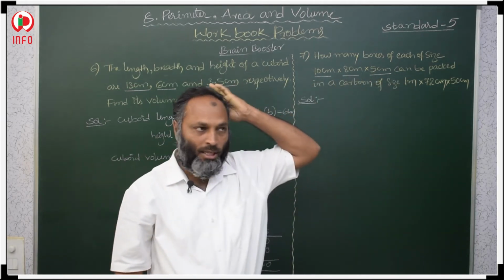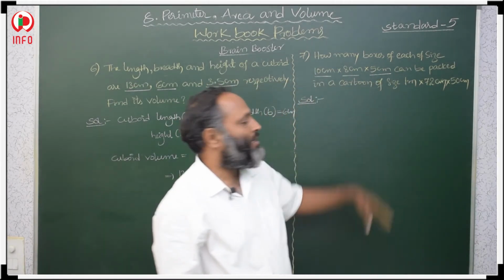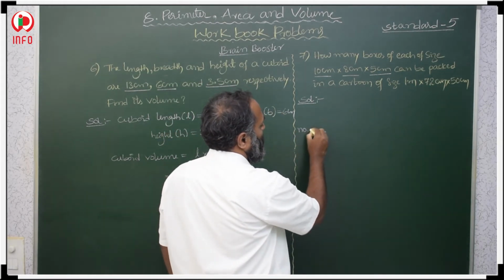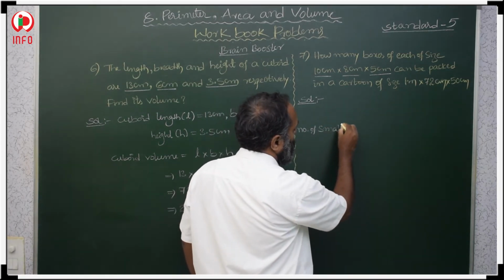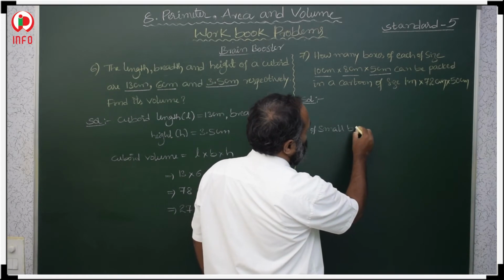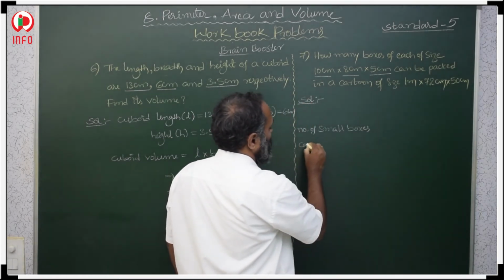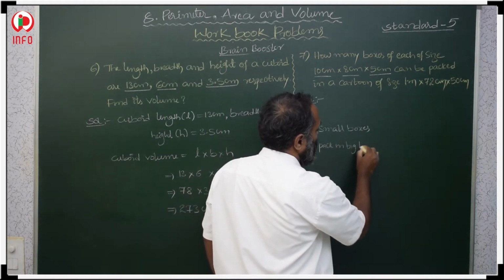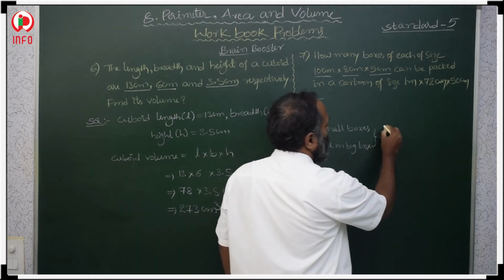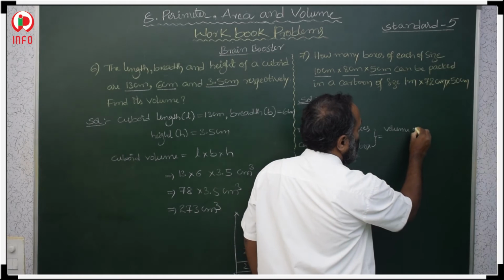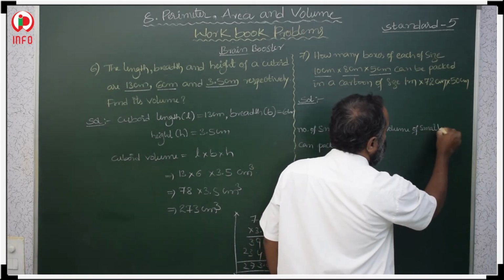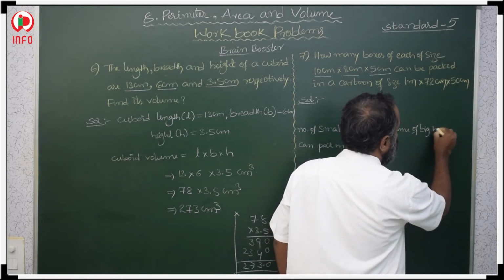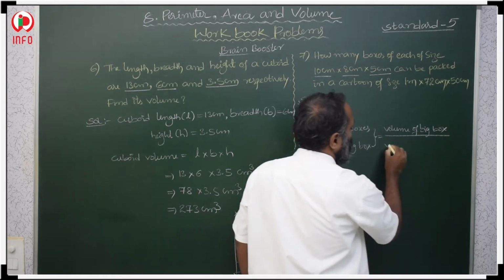In this big size carton, how many small size boxes can be kept? So the number of small boxes that can be packed in the big box is equal to the volume of the big box by the volume of the small box.